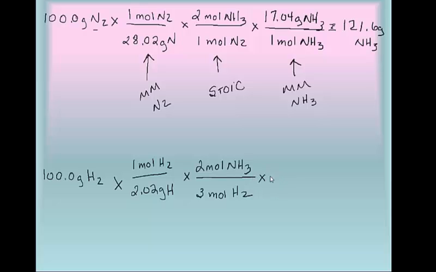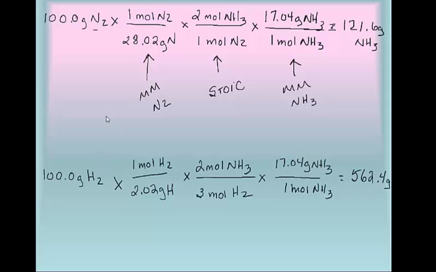Then I'm going to convert this to mass of product again. And I'm going to do the calculation in my calculator. And I'm going to figure out sig figs in a moment.